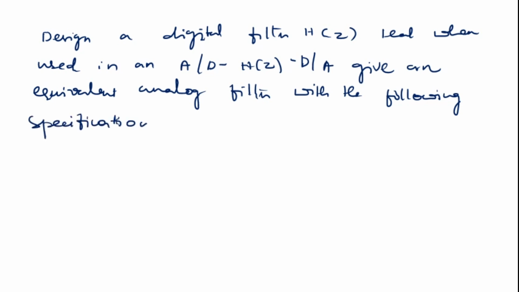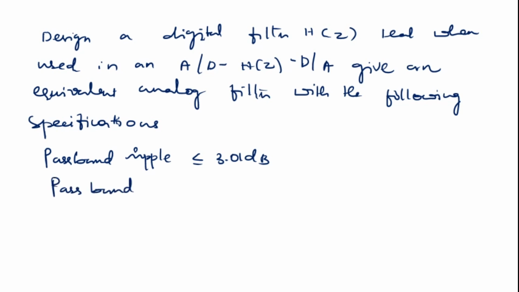Passband ripple less than or equal to 3.01 decibels, passband edge 500 Hz.